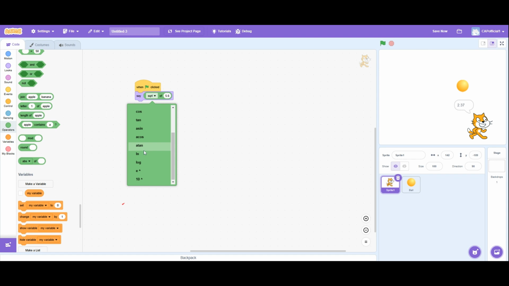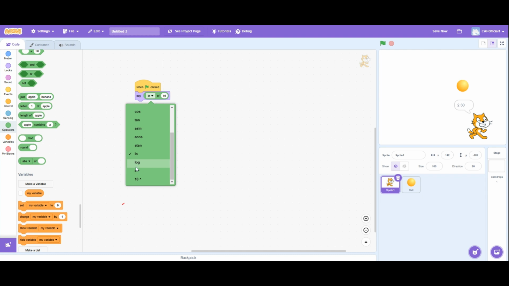So what I mean by that is the natural log of 10 is the number that you'd raise e to the power of to get 10. So if we put 10, we get 2.3. And keep that number in your head as we will be using it later on in the video.